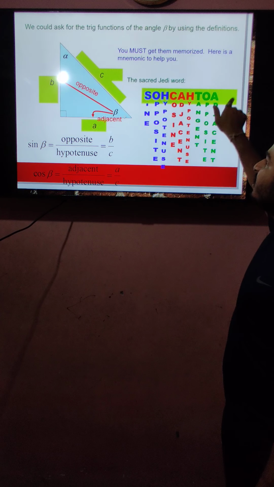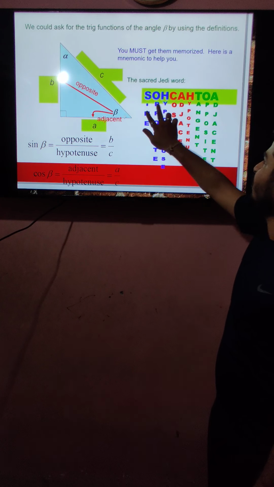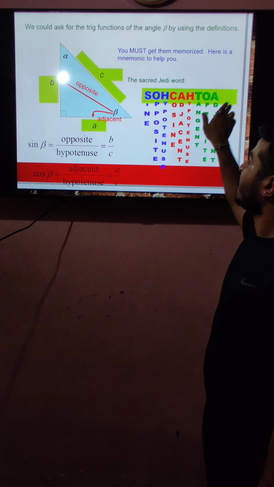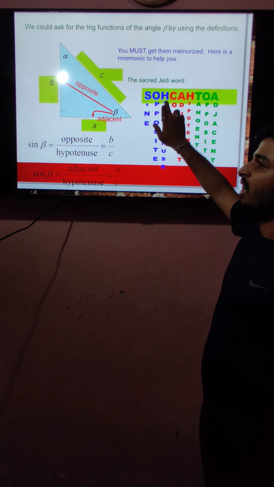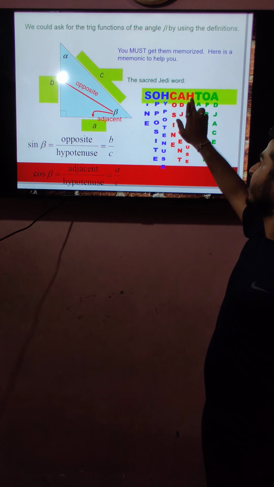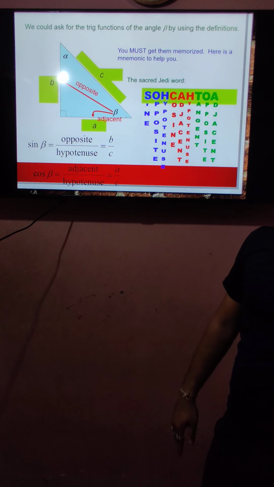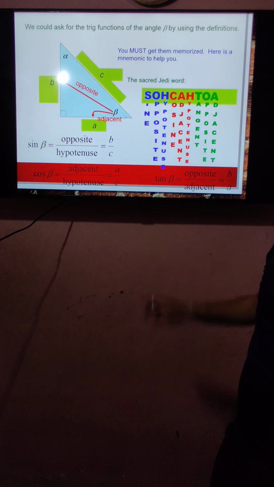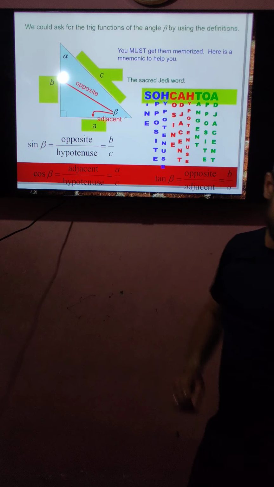If you remember this word correctly, you can write the sine function is opposite by hypotenuse, cos function adjacent by hypotenuse, tan function opposite by adjacent. That's it. Now tan beta is equal to opposite divided by adjacent, which is B by A.